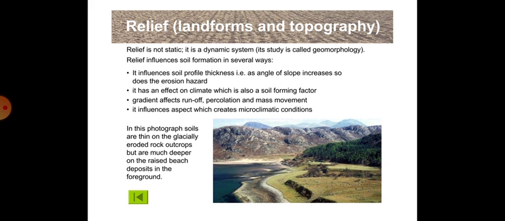It has an effect on climate, which is also a soil forming factor. Gradient affects runoff, percolation and mass movement, and it influences aspect which creates microclimatic conditions. In this photograph, soils are thin on the glacially eroded rock outcrops but are much deeper on the raised beach deposits in the foreground.